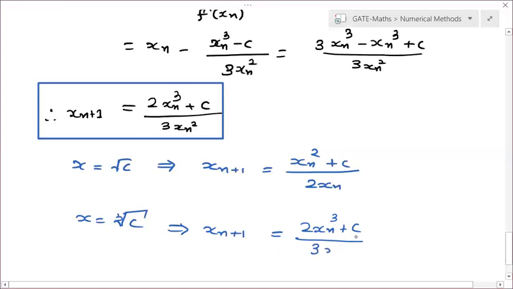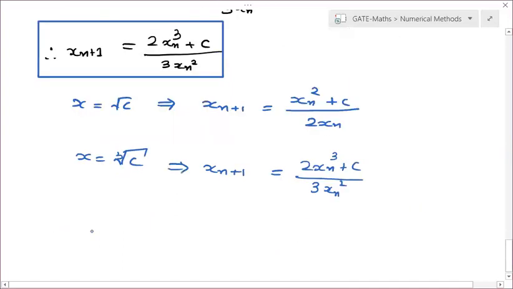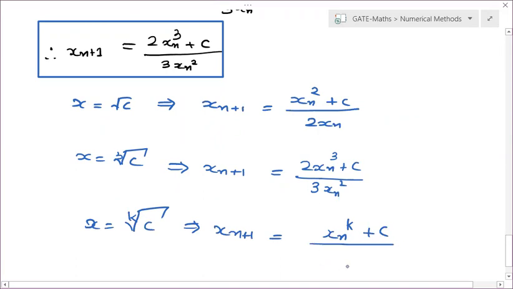Okay. So if I have to generalize this for the kth root of c, suppose x is equal to any kth root of c, implies x(n+1). Now see over here, if it was square root, here we got square; cube root, power 3; kth root, we will get its power k plus c, right? And then in the denominator, its power is less than 1, k minus 1. Now observe the coefficient.